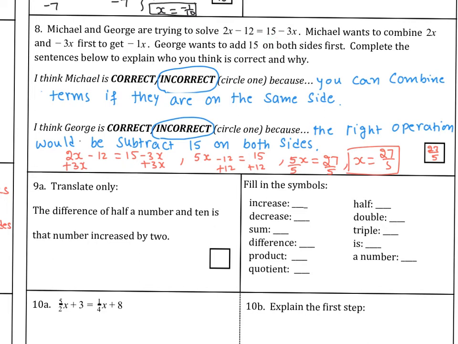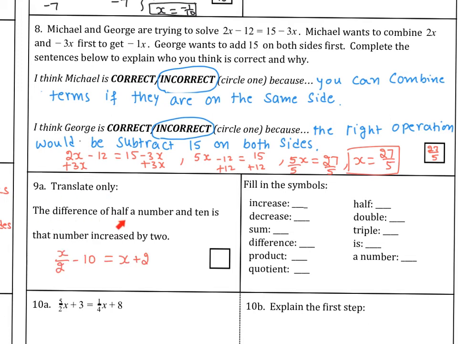Now you solve this by adding 3x on both sides. You get 5x minus 12 equals 15. Now you're going to add 12 on both sides. You get 5x equals 27 and divide 5 on both sides. x will equal 27 over 5. Next is 9a. Translate only.